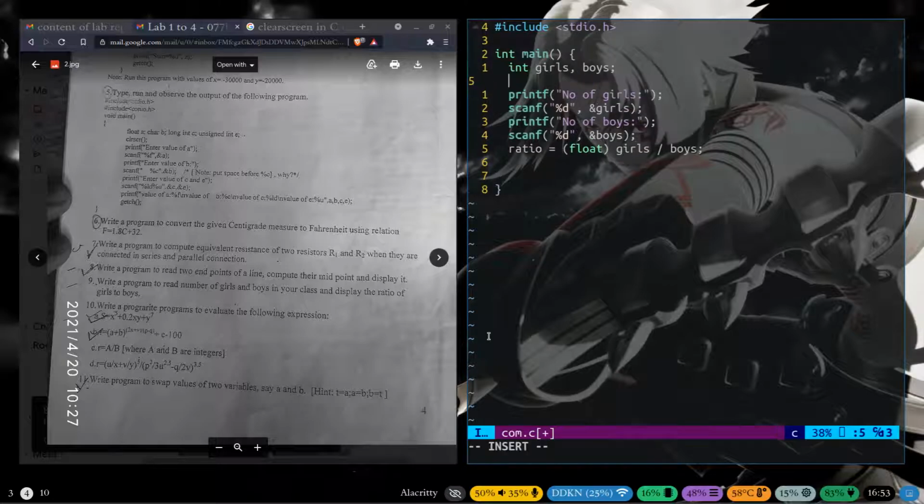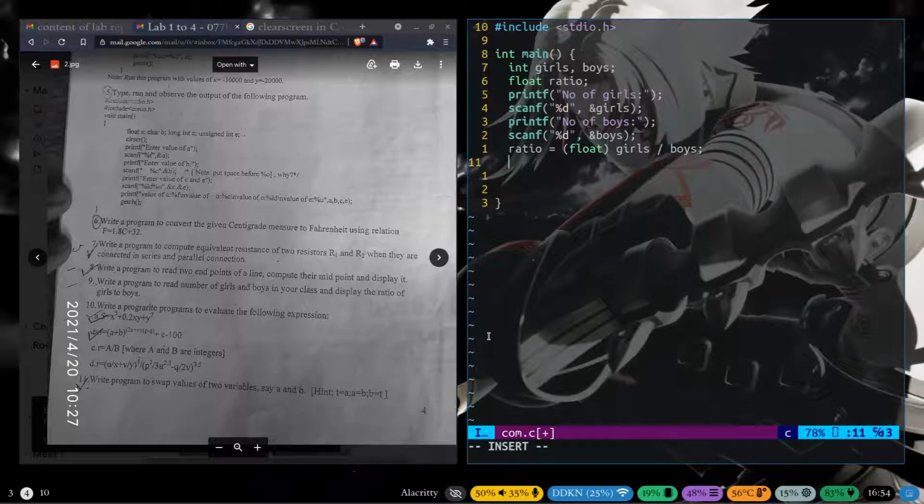So delete it. I'll stop boys. Now alright. Ratio is equal to girls by boys. Okay. Ratio is equal to float of girls and boys.